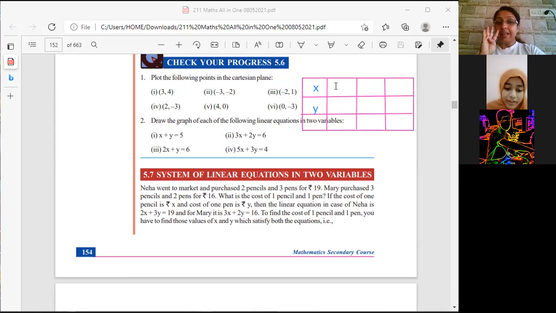Now what I'm going to do is I have to put the x value. When I put the x value, it is going to move on to the other side. Yes or no?